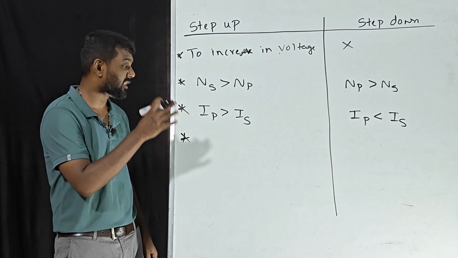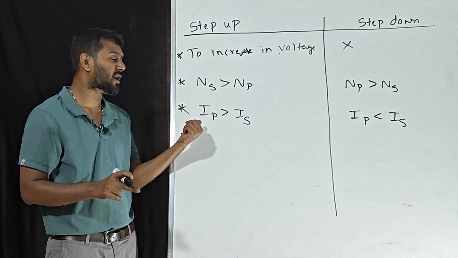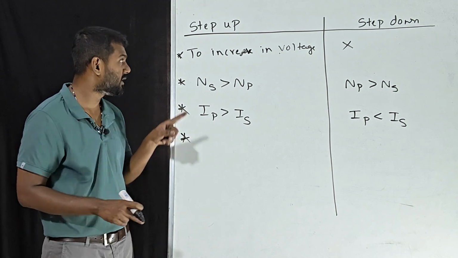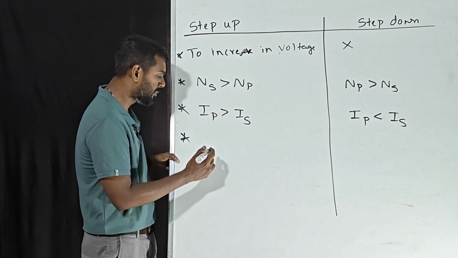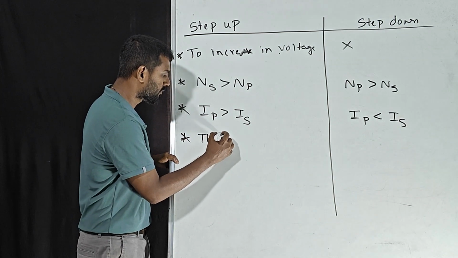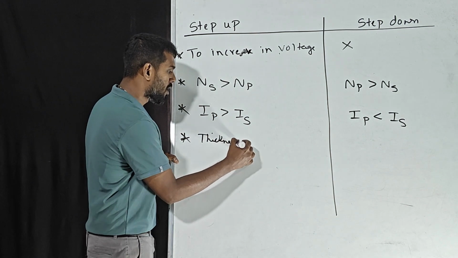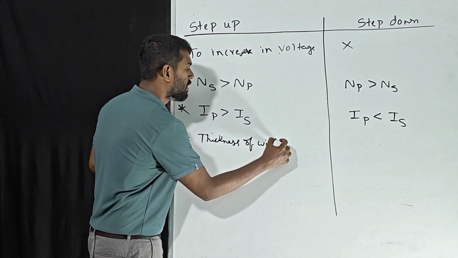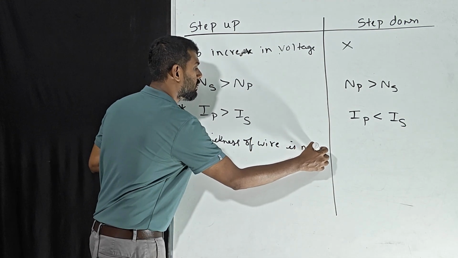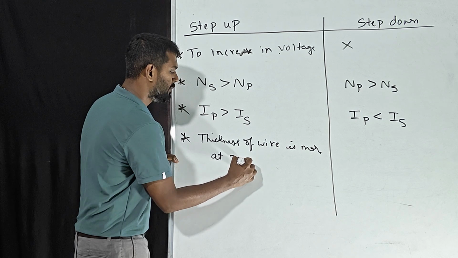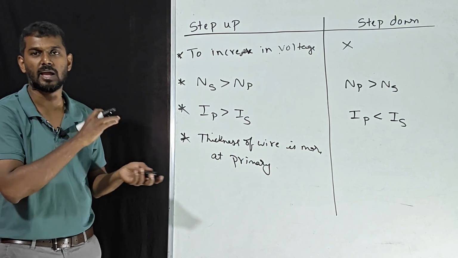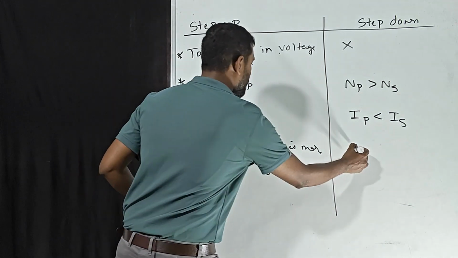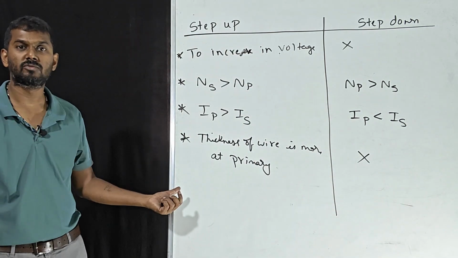We know thickness of the wire completely depends upon the current. Which side do we have more current? At step up, the primary side current is more. That means the thickness of wire is more at primary. Here in step down it is exactly opposite.